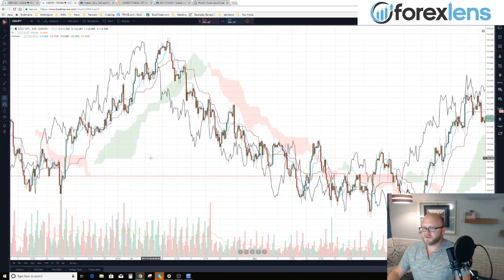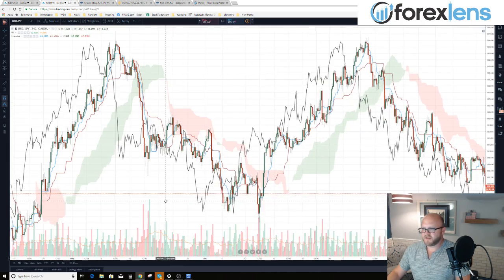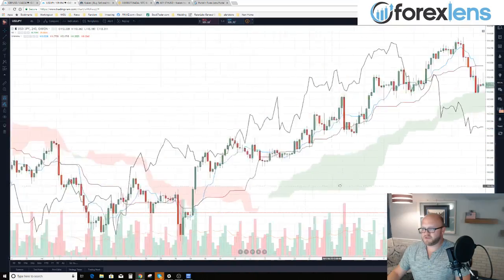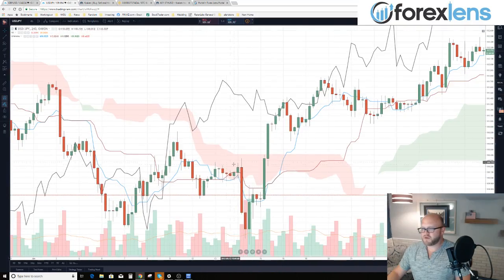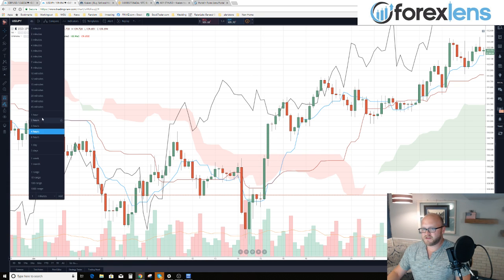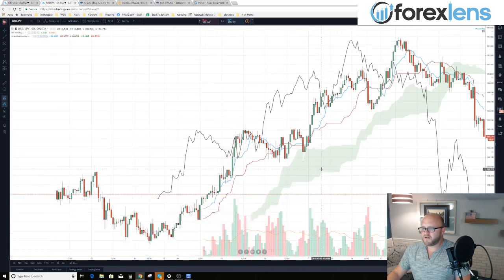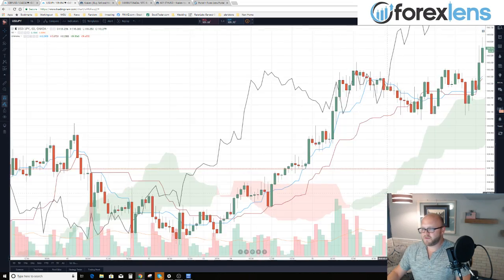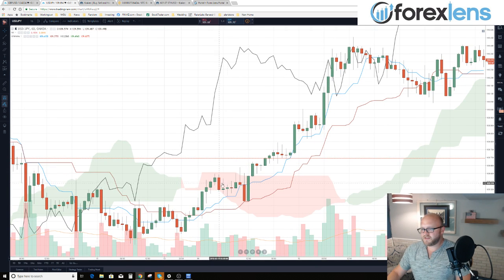Trying to find a good example to use. Well, we'll use this one here. All right, so we're inside the cloud right here on the 4-hour chart. Maybe actually 1 hour. Yeah, it's a little better. This is a good example. So we're inside the cloud. We don't take a trade.